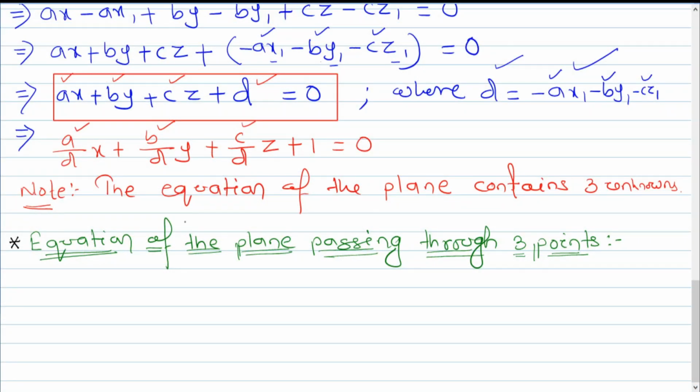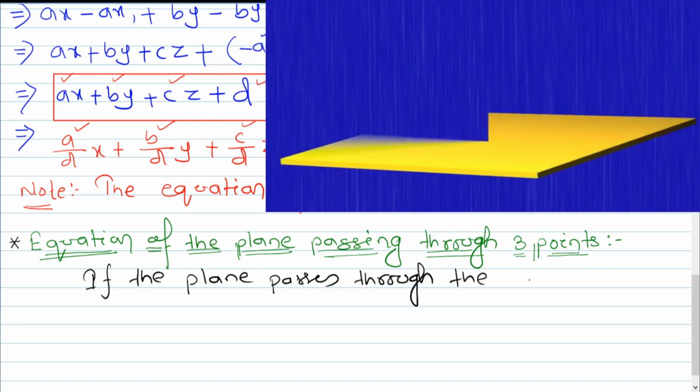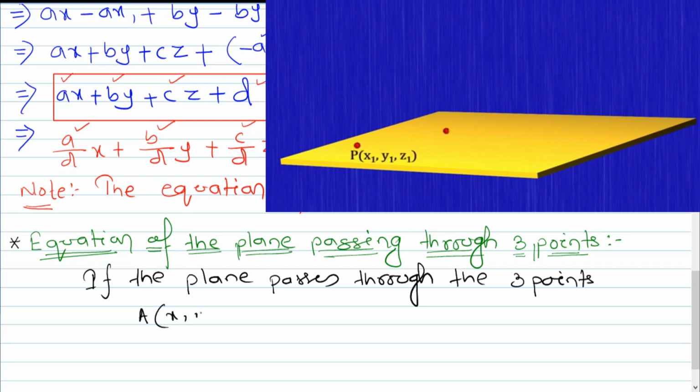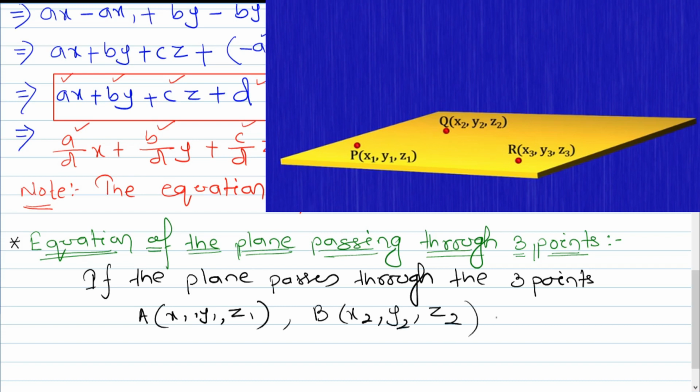Now we'll take the equation of the plane passing through 3 points. If the plane passes through 3 points, suppose A has the coordinate x1, y1, z1, B has the coordinate x2, y2, z2 and C has the coordinate x3, y3, z3.